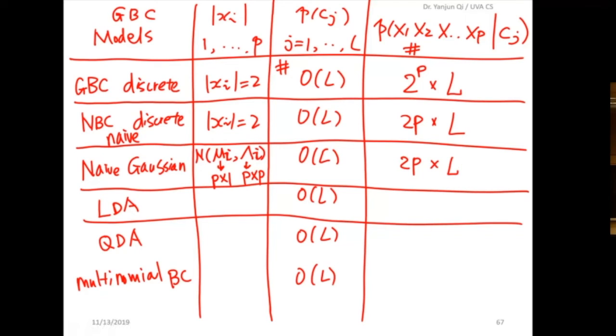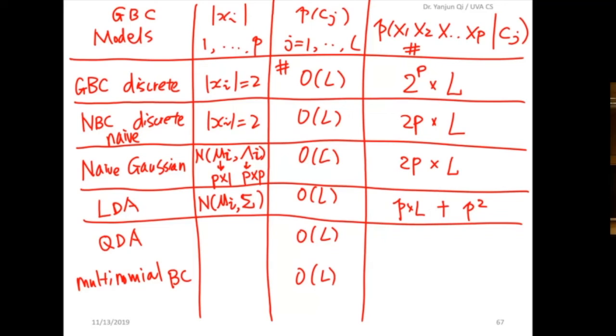And then even further, the LDA case, we have different mean vectors, but we have a shared covariance matrix. So the number of parameters we need to estimate is p plus, actually, no. Because I need to estimate the mean vector for each class, that's p times L, but I only need to estimate one covariance matrix because LDA assumes the covariance matrix is shared.